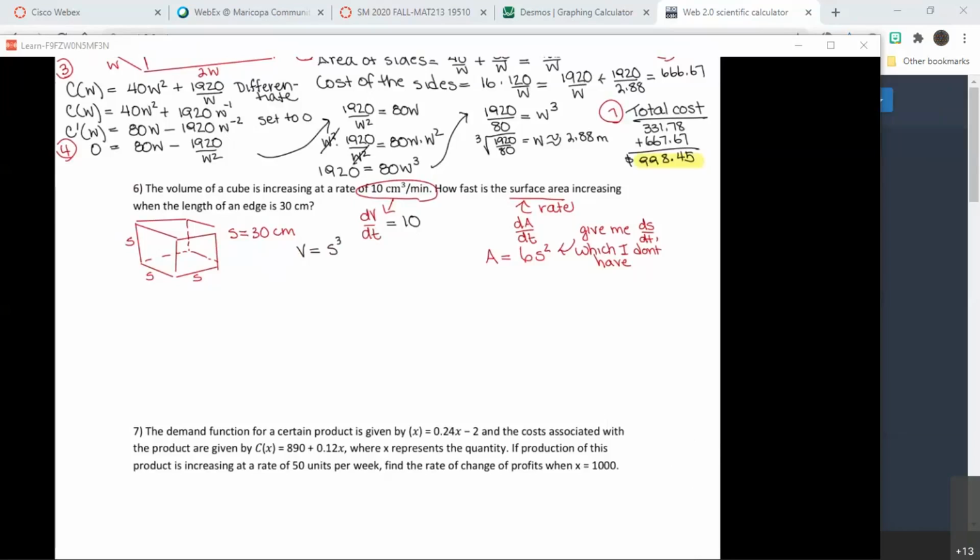What happens if we differentiate this implicitly with respect to time?